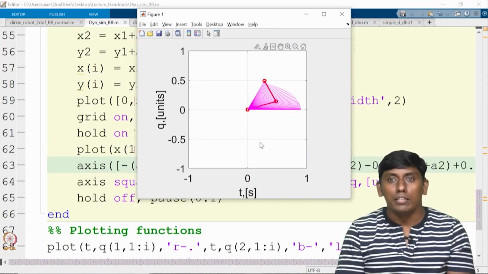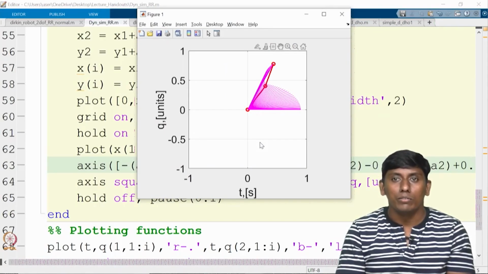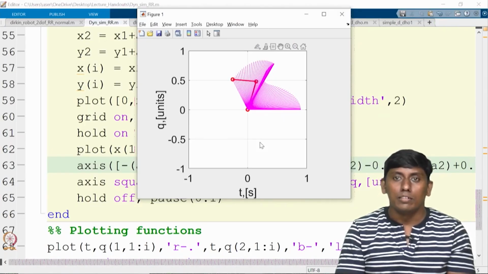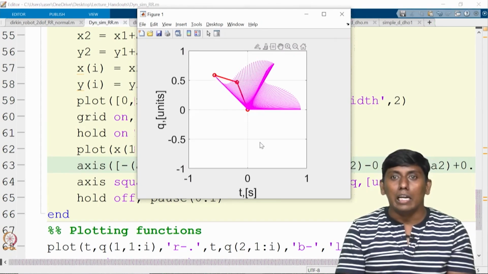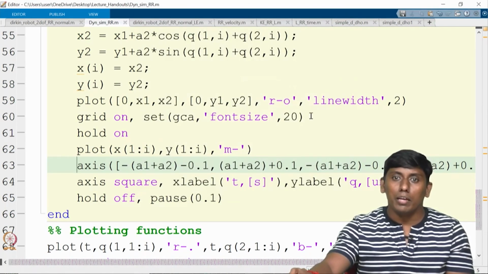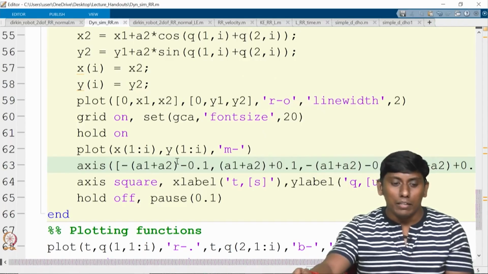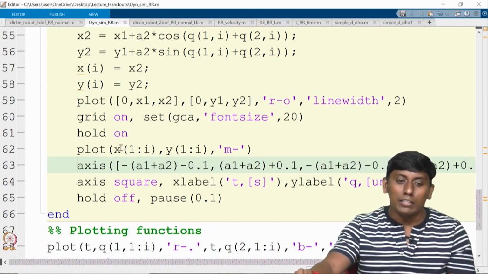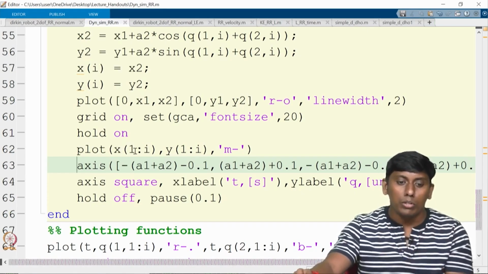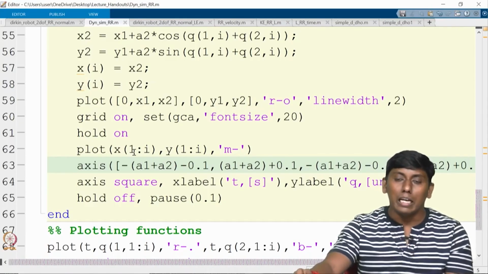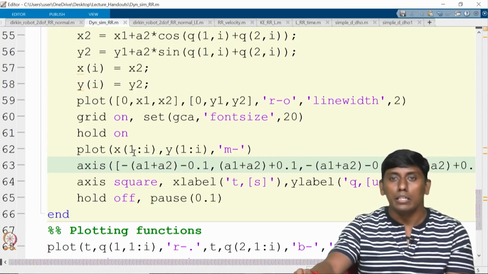This is what I wanted to show, how the profile is varying. This shows how the links are connected. If you want to make it much more clear, you can start from 0, or plot only those corresponding points, and you can still do that in the Simulink based simulation.